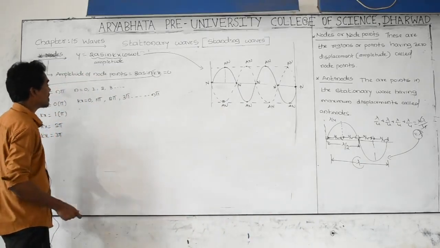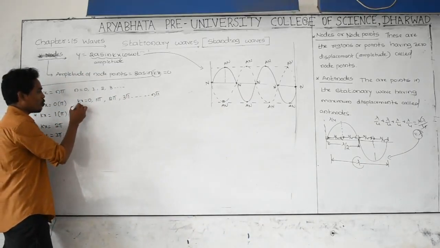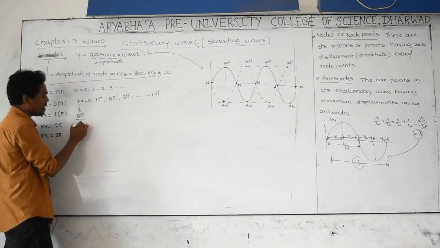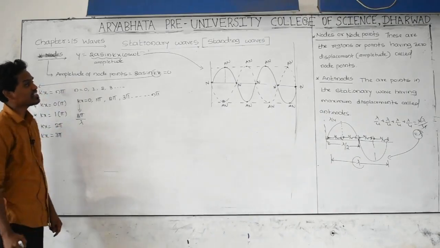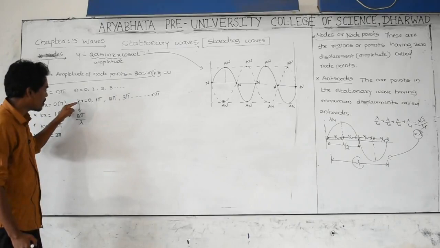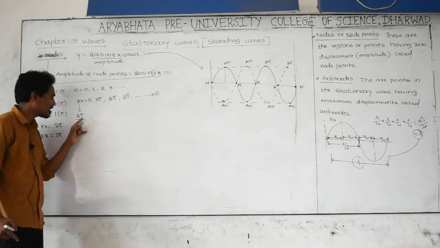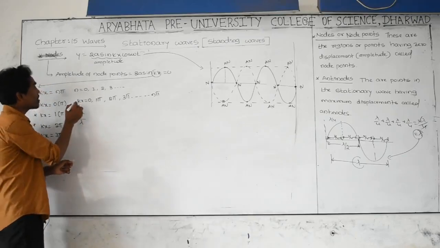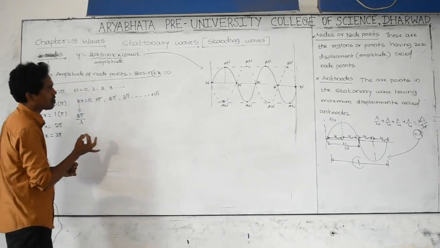Or in terms of path difference, you can write, what is k? K can be calculated by using the formula 2 pi by lambda. K is nothing but the wave number.